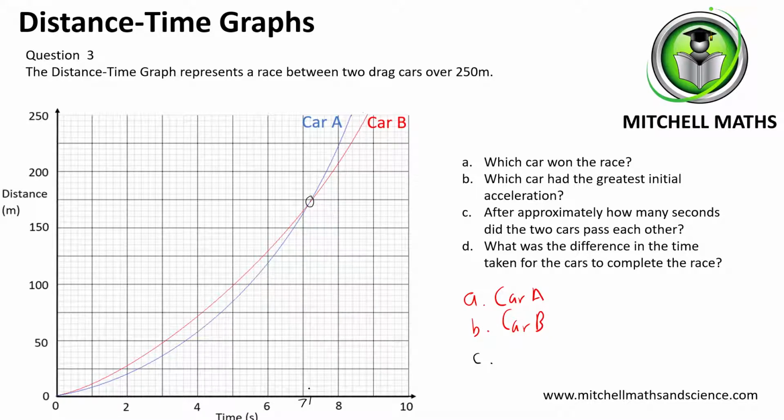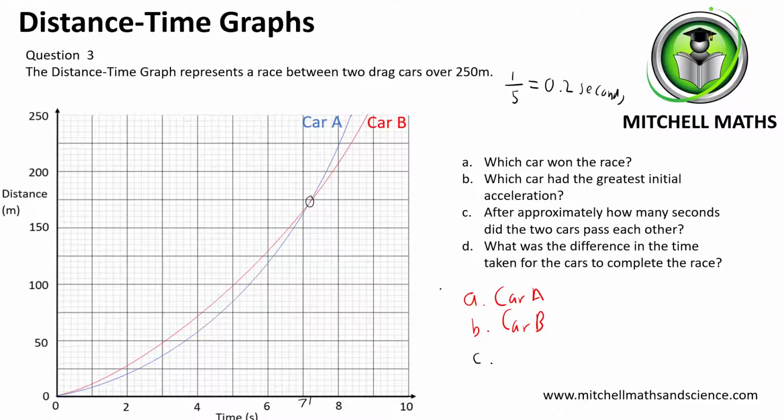And we can see that there's 1, 2, 3, 4, 5 boxes. So we're dividing 1 second into 5 parts. 1 divided by 5 is 0.2, so each box is equal to 0.2 seconds. So it's 7, and it's 1 box, so it's 7.2 seconds.